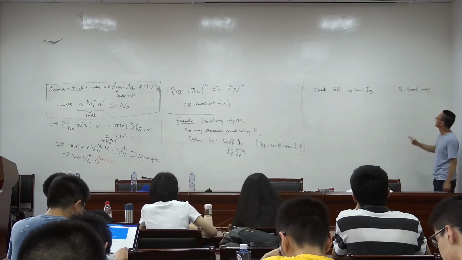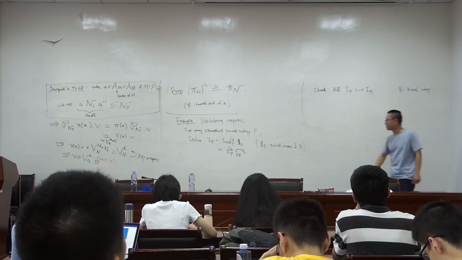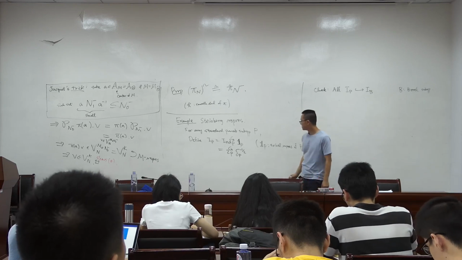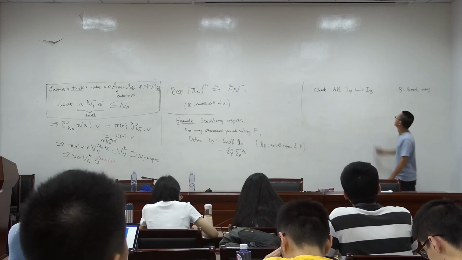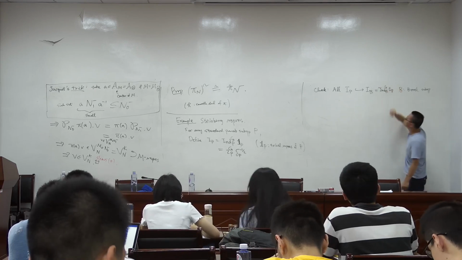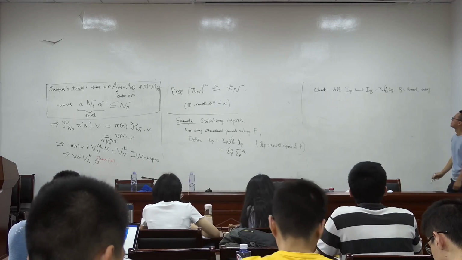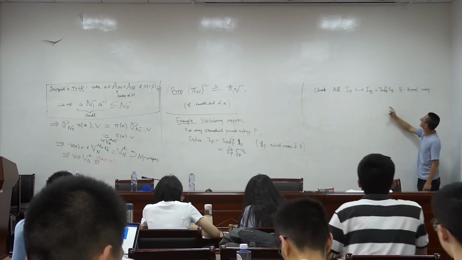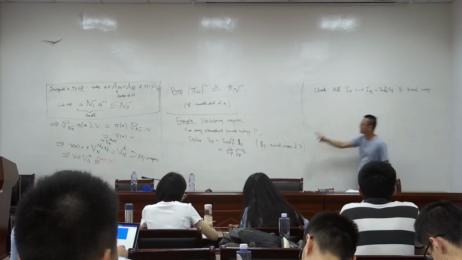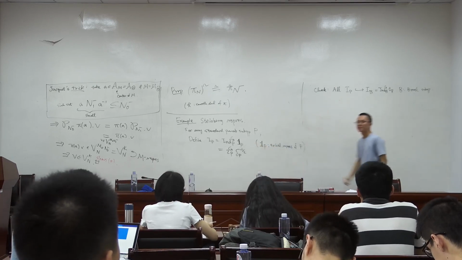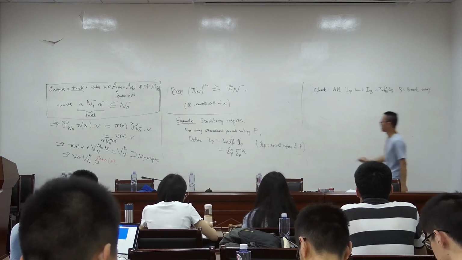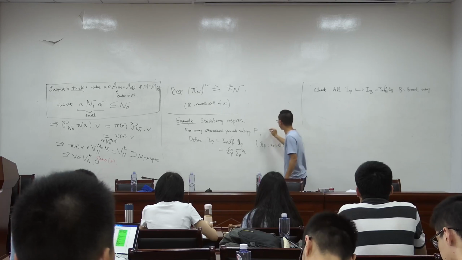This is just the upper triangular matrix subgroup. It's induced from B to G. Because B is the minimal one, if I induce from the minimal parabolic subgroup, then it contains anything here. Any such parabolic subgroup contains B.